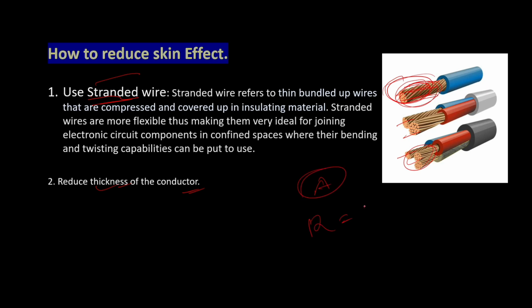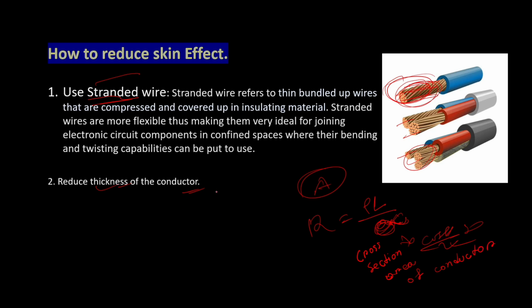R is equal to rho L by A, we have seen that. Here A is the cross section area of the conductor. So if we reduce the cross section thickness of the conductor, by doing this also we can reduce the skin effect.